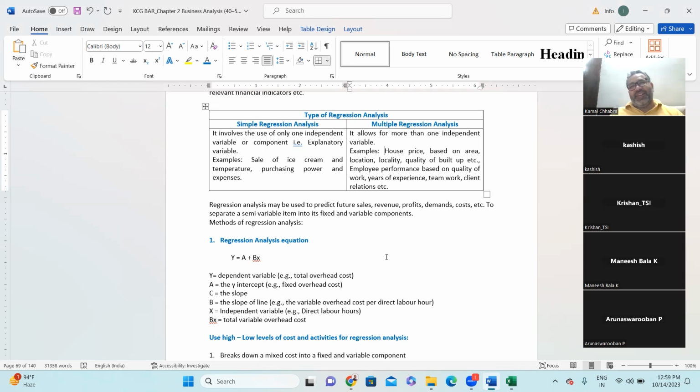Same way, I know it is close to your heart, how the management evaluates employee performance. What all things do you keep in mind as a manager when you are doing performance evaluation of your team member? Education, years of experience, teamwork, client relation. I know it's close to your heart, especially in the month of October.